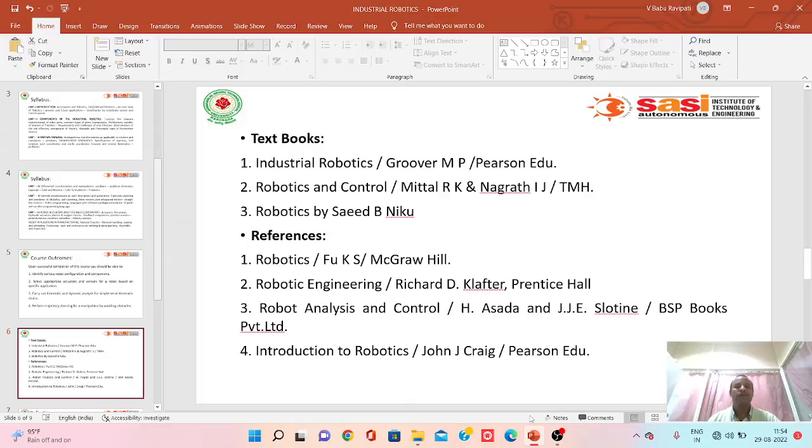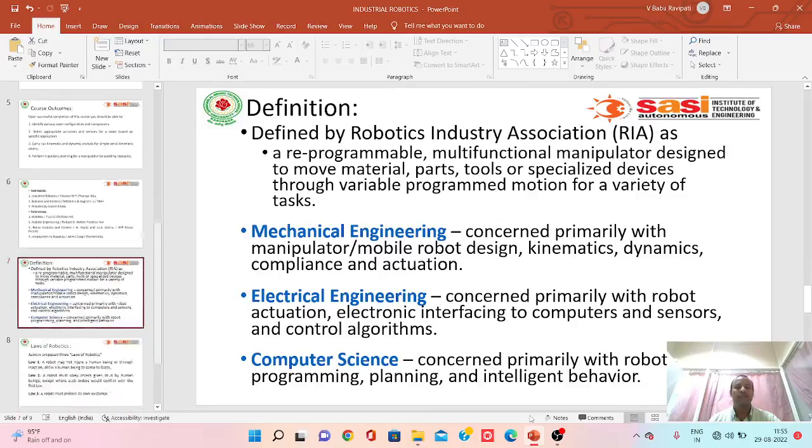For this, the third unit and fourth unit will be covered in this second textbook. And then the entire fifth unit will be covered in Robotics by Saeed Niku. These three are important. And we are having the reference books also. We'll purchase any, or otherwise we'll refer to the library. And these are the references we are having.